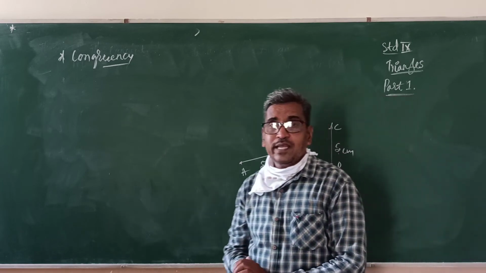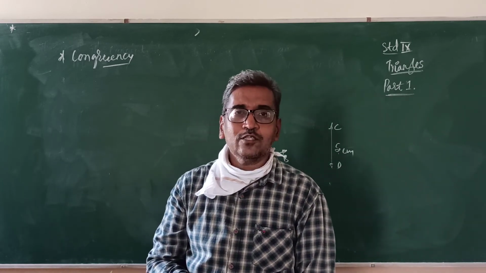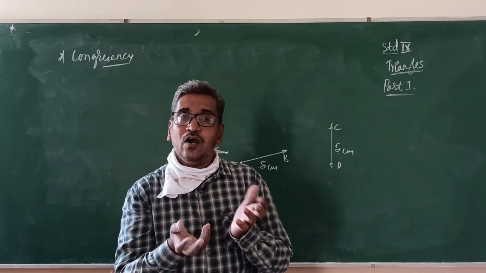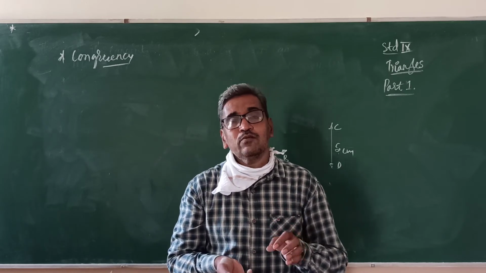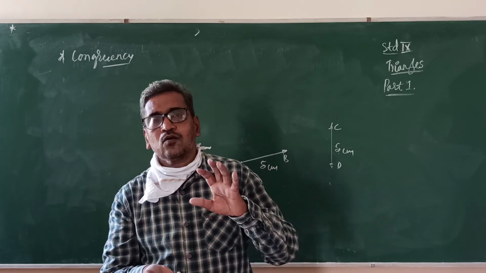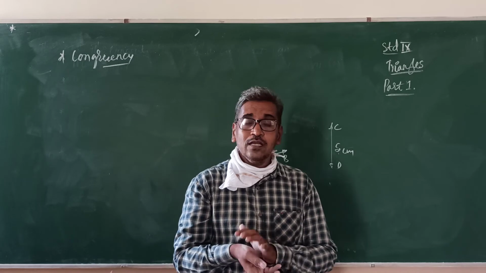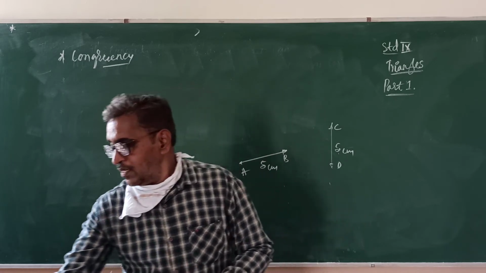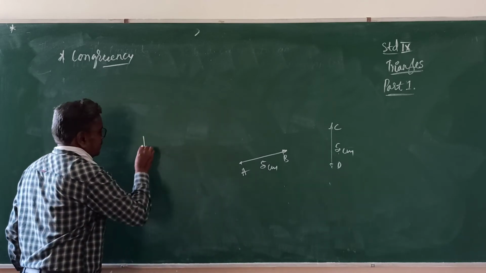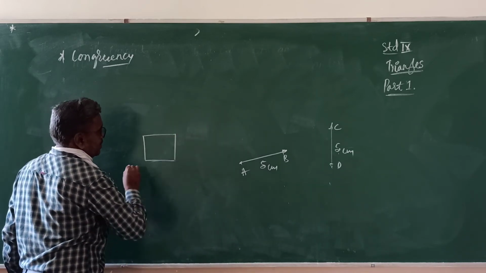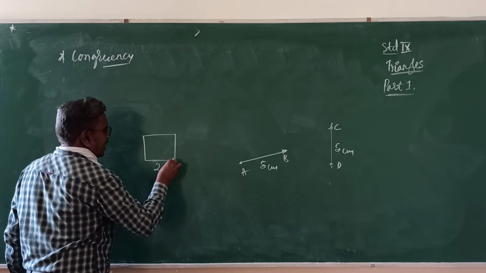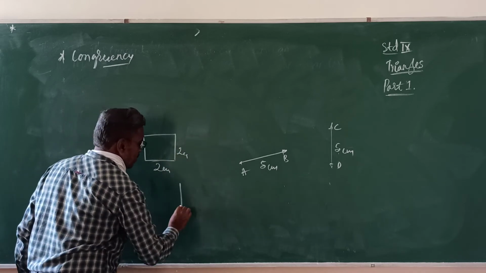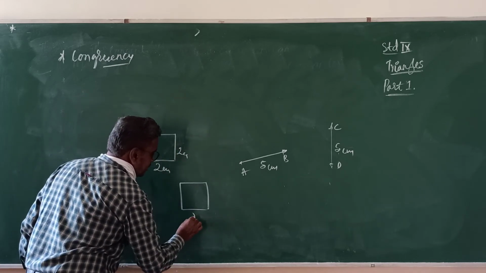Bangles of the same size are all congruent, which means circles with the same radius are congruent. Squares of the same size: this square has a 2 centimeter side, and another square also has a 2 centimeter side.